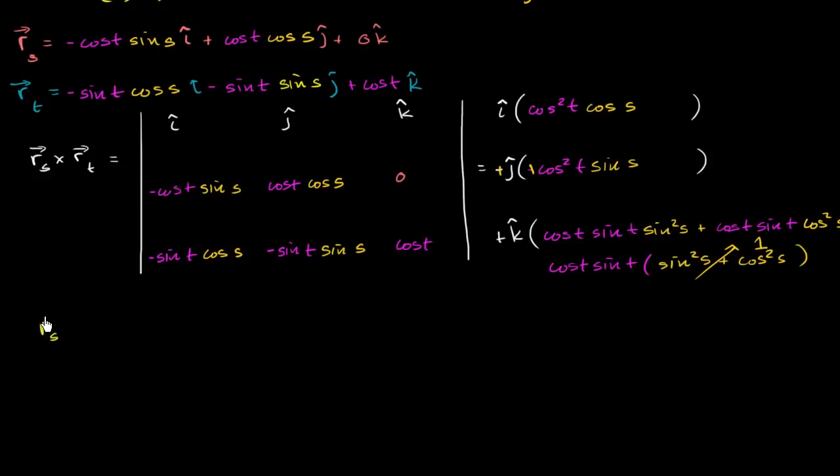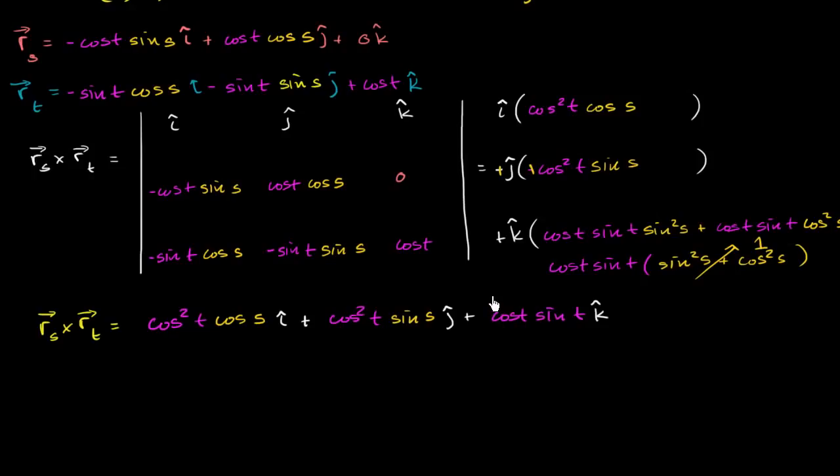Our cross product, r sub s crossed with r sub t, is going to be equal to cosine squared t cosine s times our i unit vector, plus cosine squared t sine of s times our j unit vector, plus all we have left, because this is just 1, cosine t sine t times our k unit vector. So that was pretty good, but we're still not done.